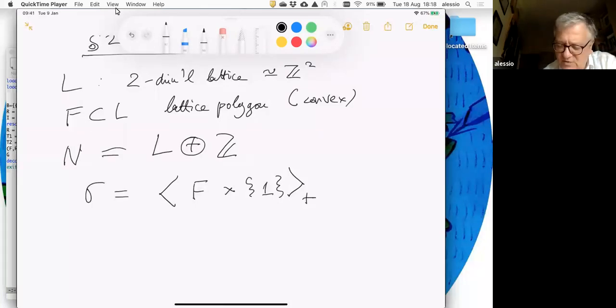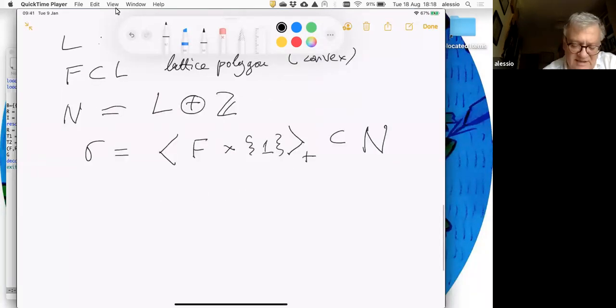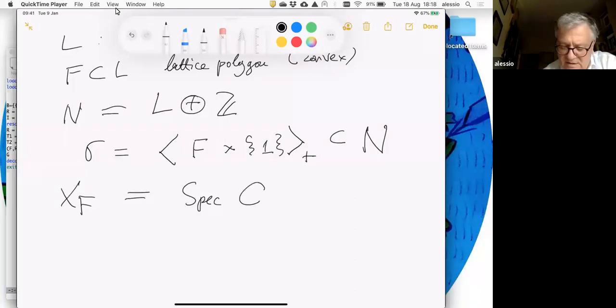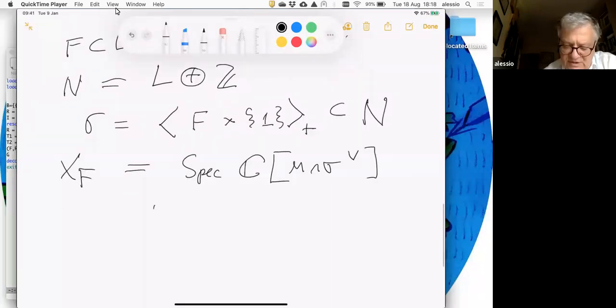So that's a rational cone in N. And X_F is the associated toric variety, so Spec of C[M intersection sigma dual]. So this is a toric variety with an action of the torus T equals Spec C[M].